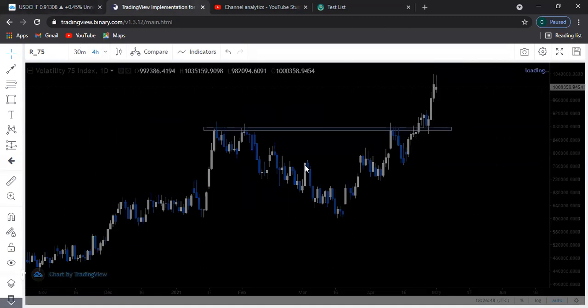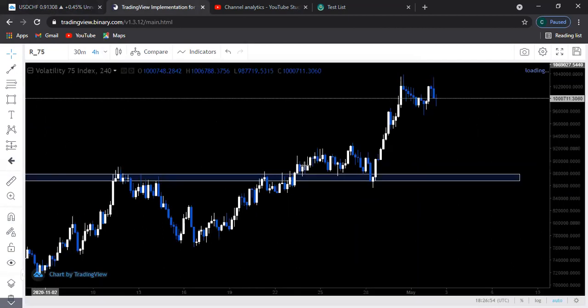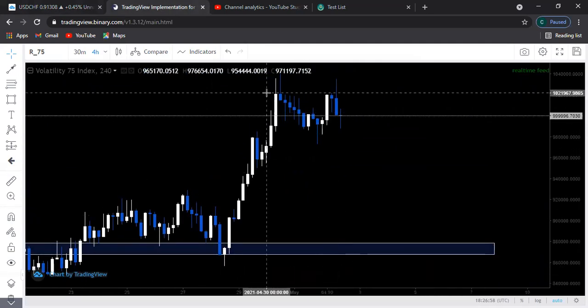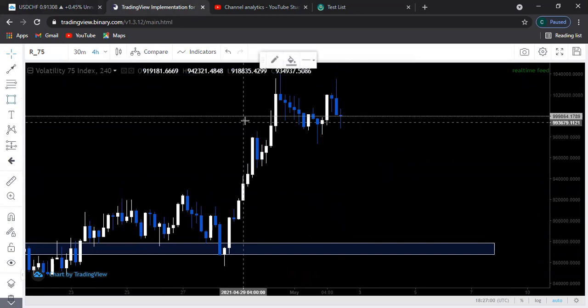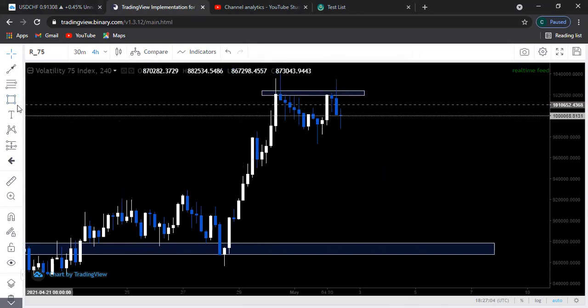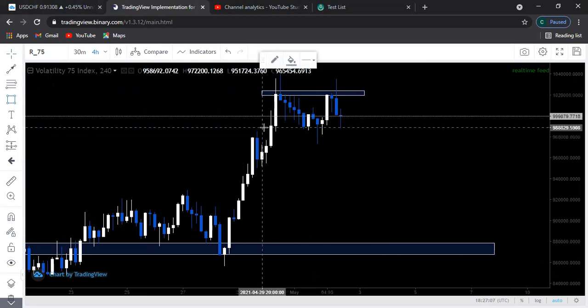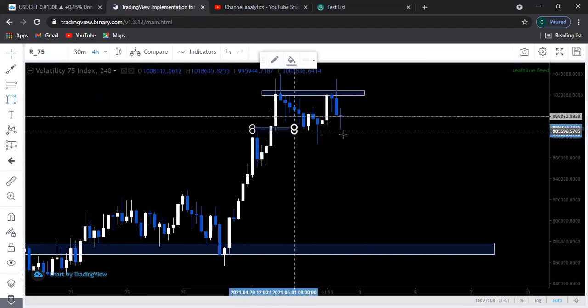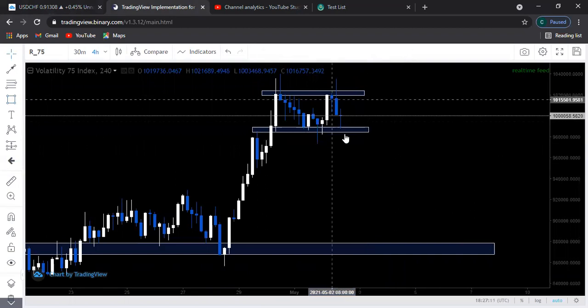So going down to the lower time frames, prices have failed to break above here. Prices have failed to create new highs on the 4-hour, but again have failed to break this resistance zone here.